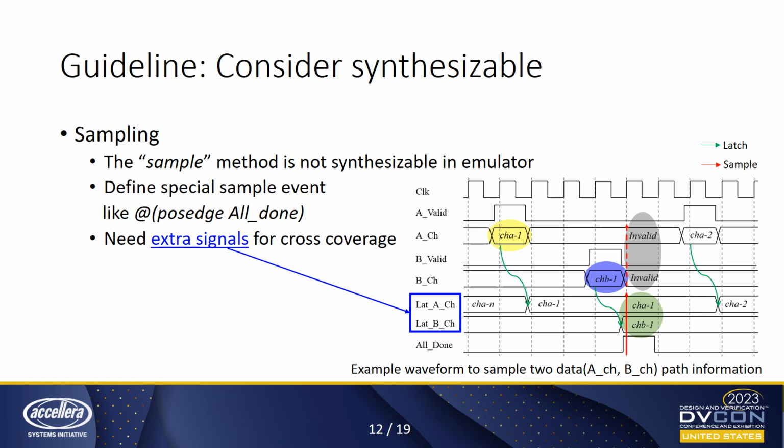The signals in the green box are the external latch signals. If the original signals are sampled, you will get a cross data with invalid data path information. So you can see an example functional coverage code in both cases in my papers.